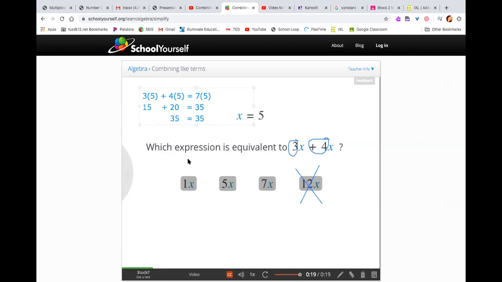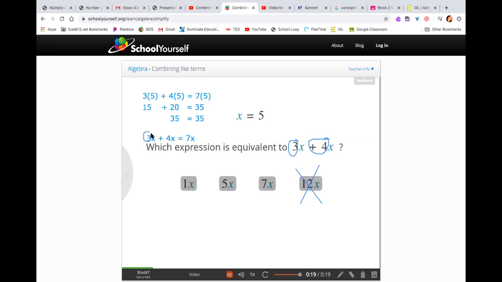Another way I can look at it, I'm going to write this another way now. 3x plus 4x equals 7x. So when I'm looking at this and I'm combining my like terms, I'm going to circle them.